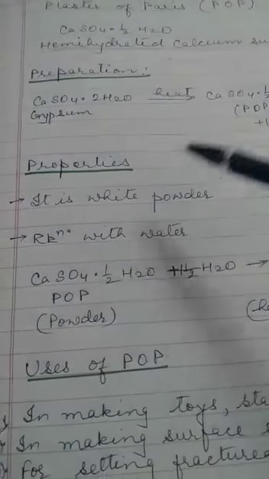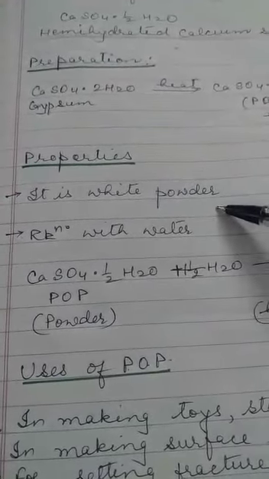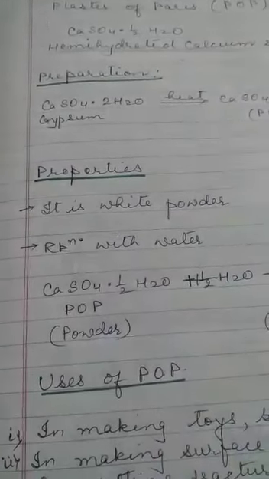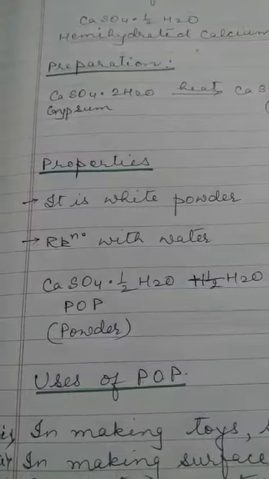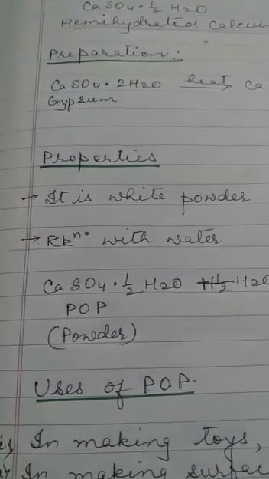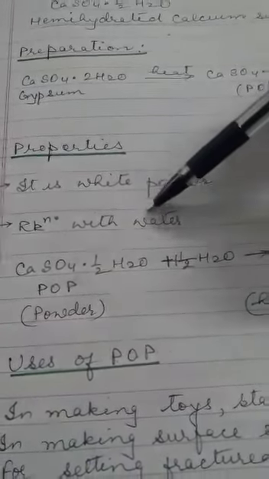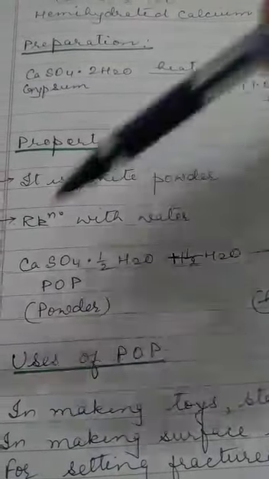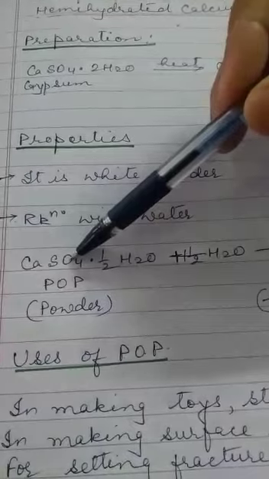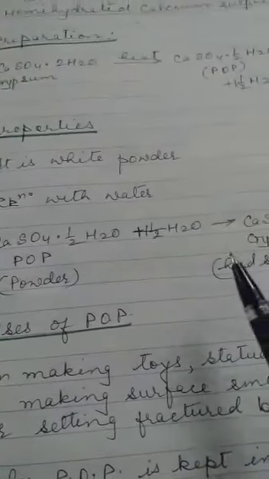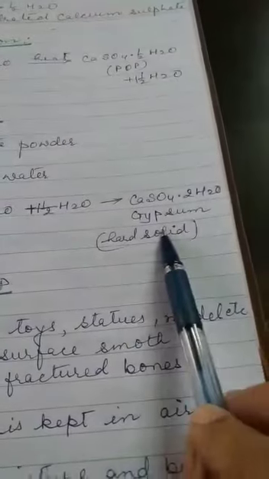Look at the properties: it is a white powder. As you know, you all handle this chemical during the preparation of models for school projects. When it reacts with water, 2 molecules of calcium sulfate need 3 molecules of water for the formation of gypsum. This is gypsum.